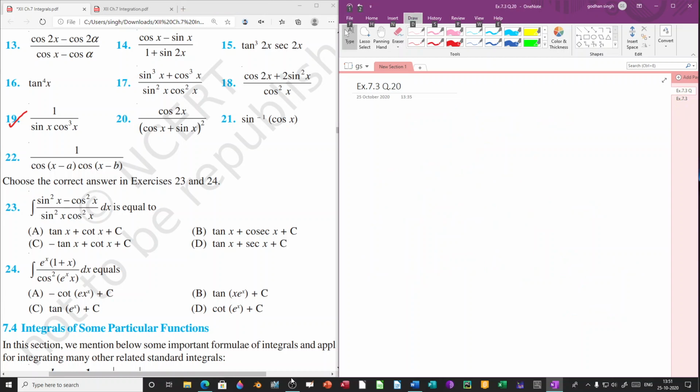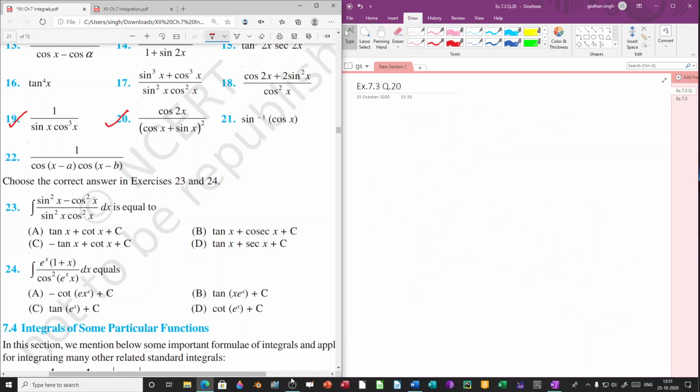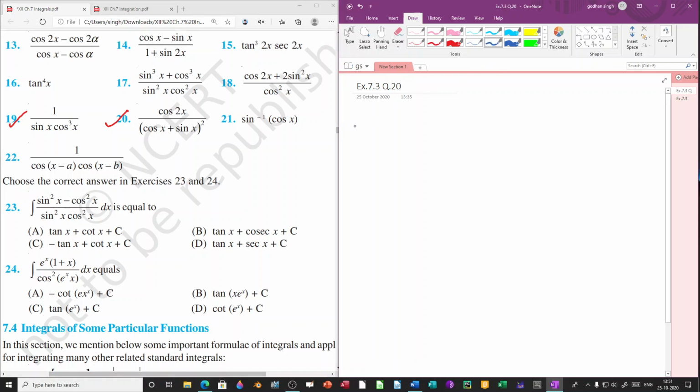Exercise 7.3, question number 20. We have to find the integration of cos 2x over cos x plus sin x whole square. So solving question number 20, let I equal to integration of cos 2x over cos x plus sin x whole square.